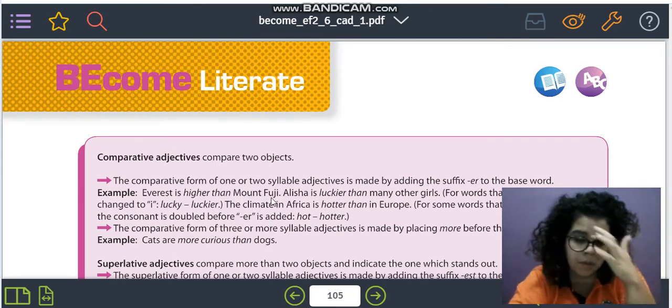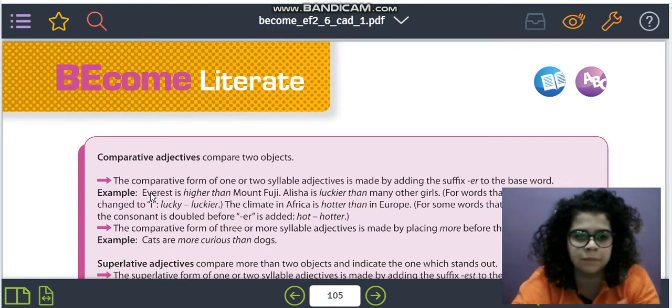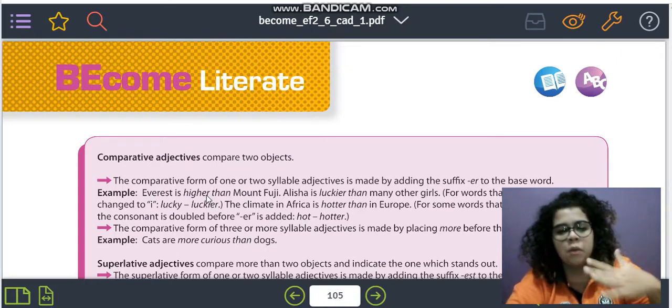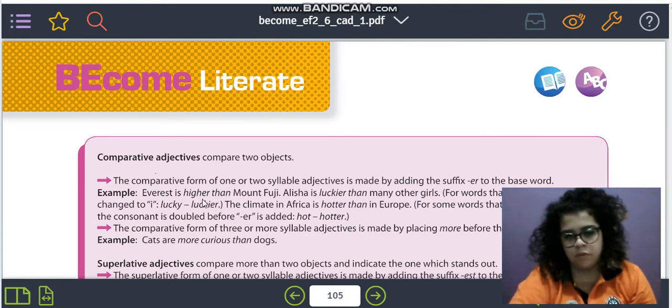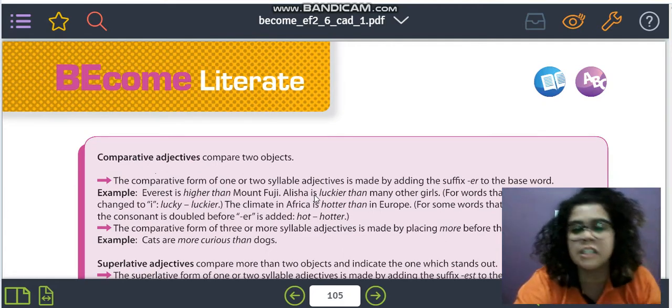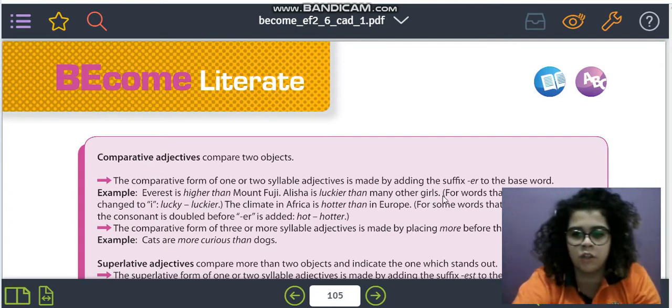In this example here, we are using the er to show the comparative, that Everest is higher than Mount Fuji, right? So Alicia is luckier than many other girls.